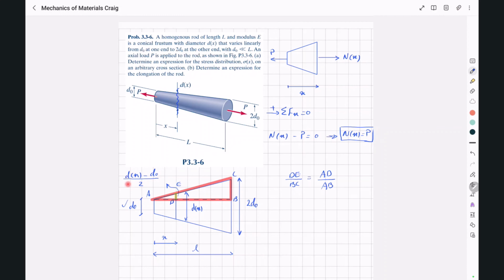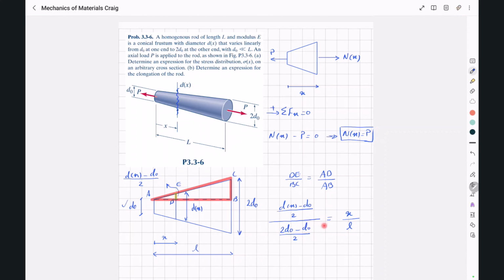So DE is this value, which is dx minus D0 divided by 2. BC is this 2D0 minus D0 divided by 2. AD is equal to x, and AB is equal to L.